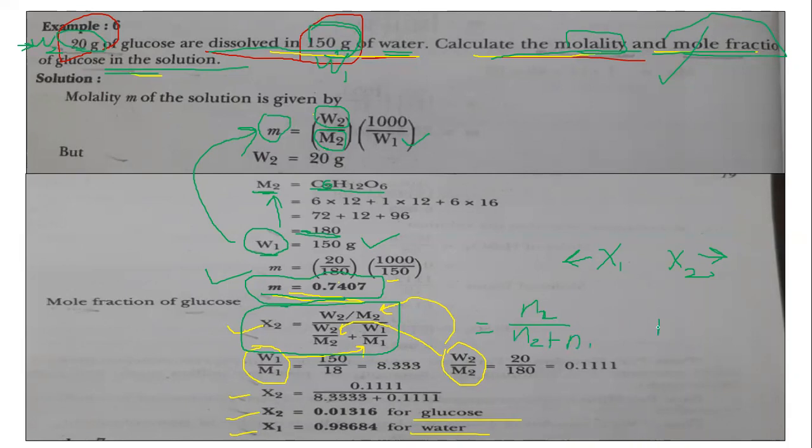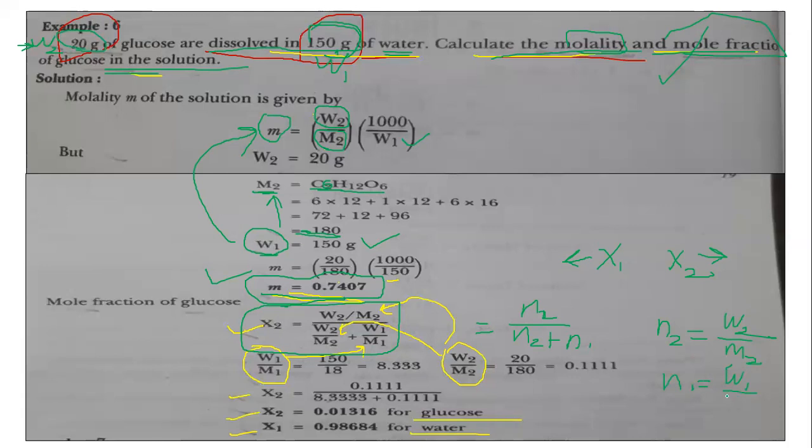What is n2? n2 is equal to w2 upon m2. And similarly n1 is w1 upon m1.